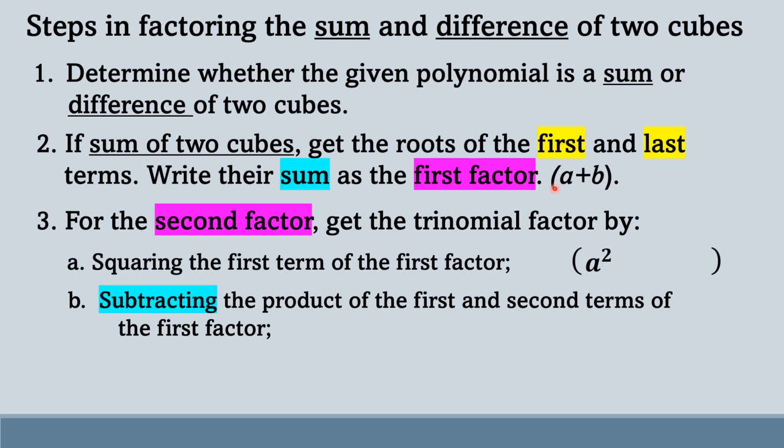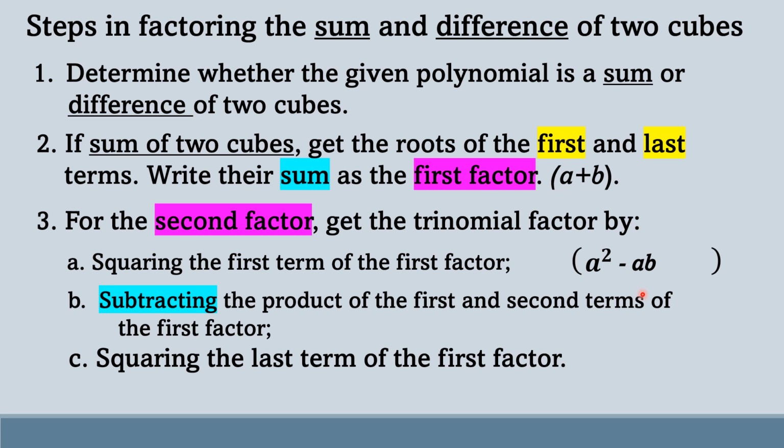So we are going to get first the product of the first and the second term. A times B will become AB, and we are going to subtract that product in order to get the second term. So we have minus AB.